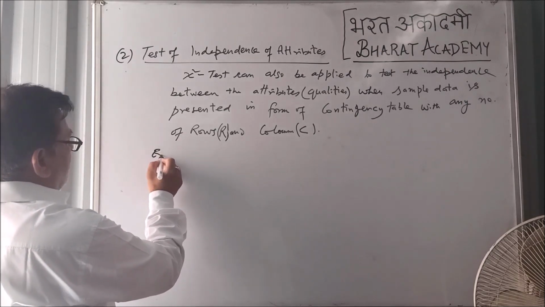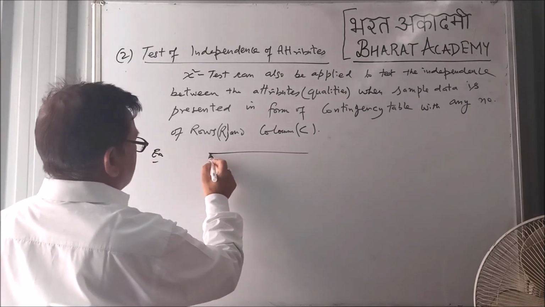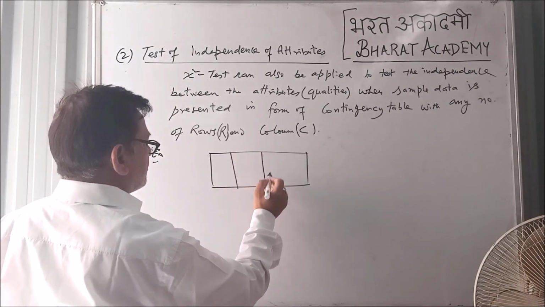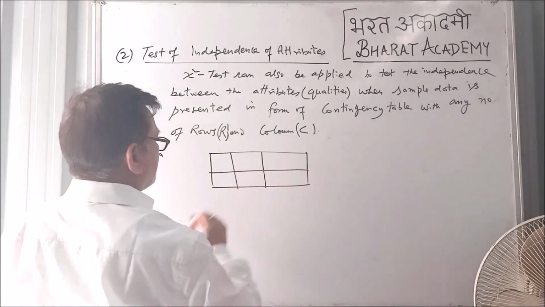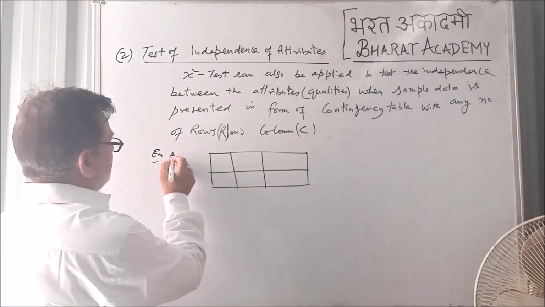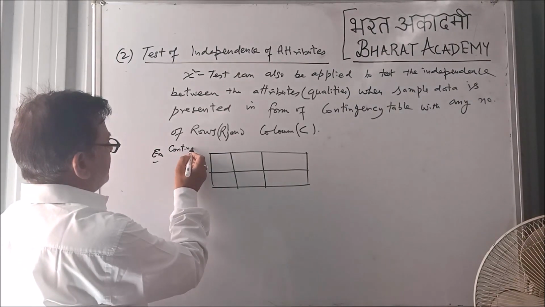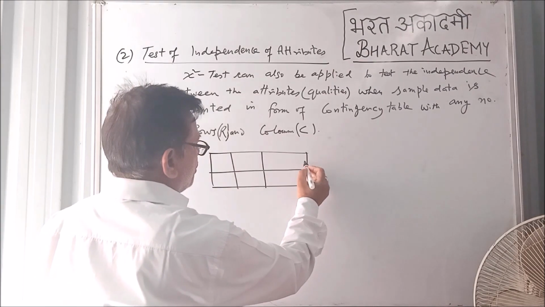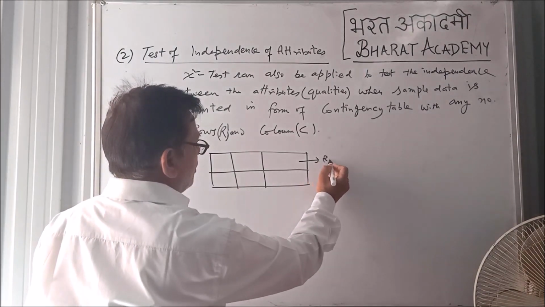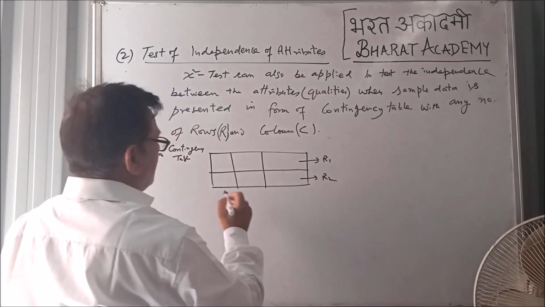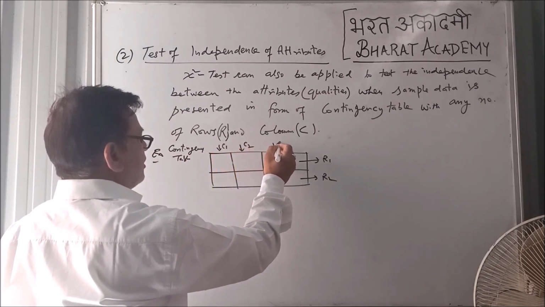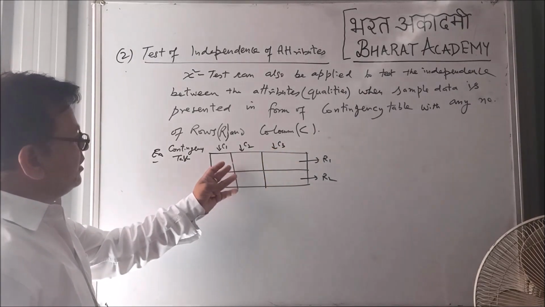Example, if the contingency table is like this, there are two rows, this is the first row and this is the second row, and these are called columns: first column, second column and third column. So this is called a contingency table.